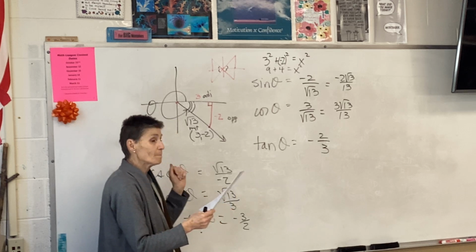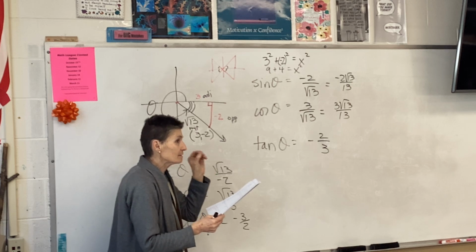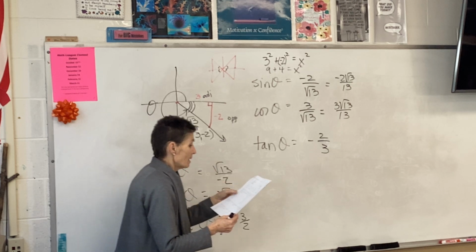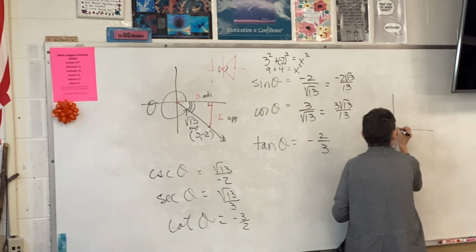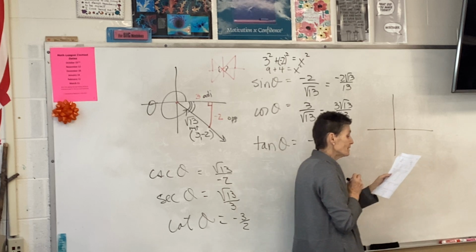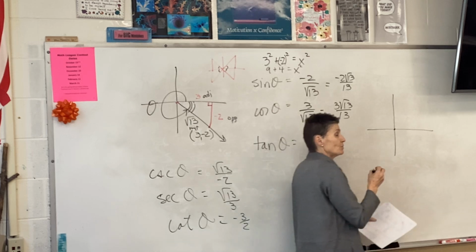Now, part B, believe it or not, is exactly the same except the picture isn't drawn. We have an angle in standard position, and its terminal side contains the point 2, negative 2.